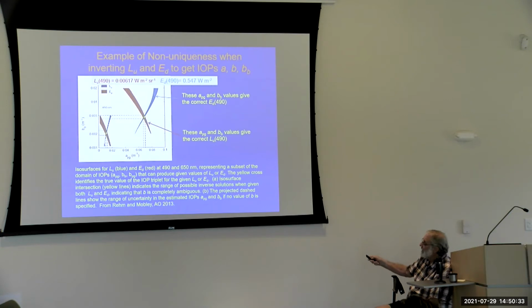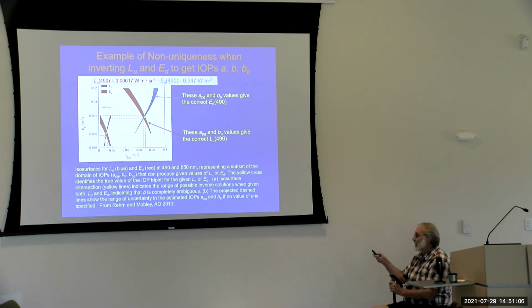Then he has Lu measurements. So he knows Lu, which is the blue curve. There's a range of absorption and backscattering values that would all give him the same Lu that he measured, and a range of values that give him the same Ed that he measured. But the only place where both of those are satisfied is right here at this absorption and that absorption.